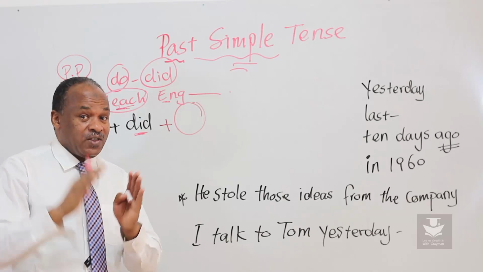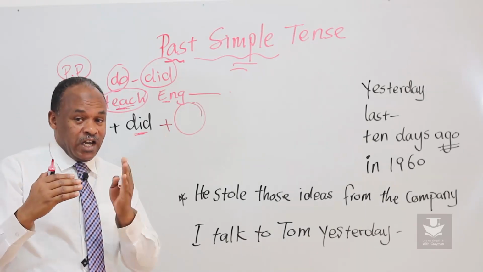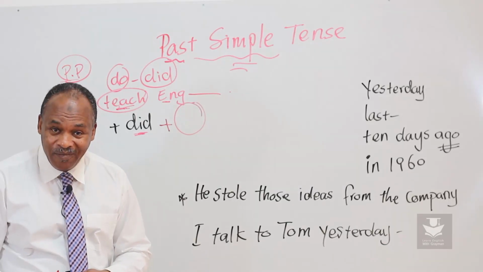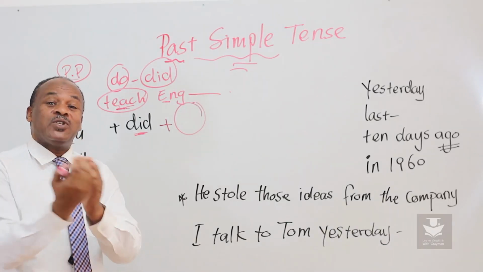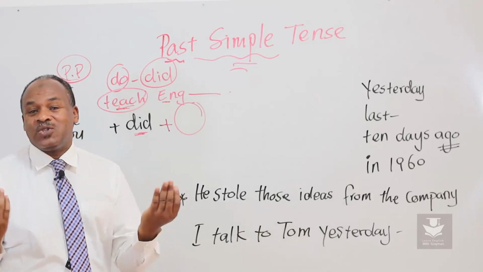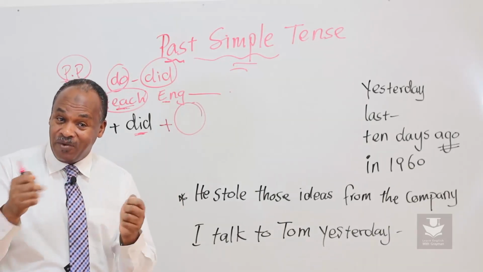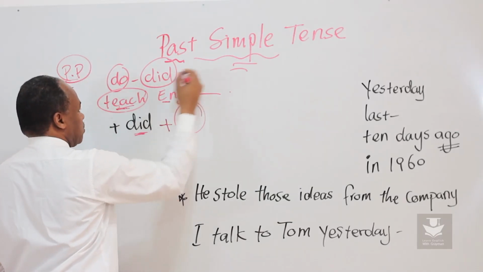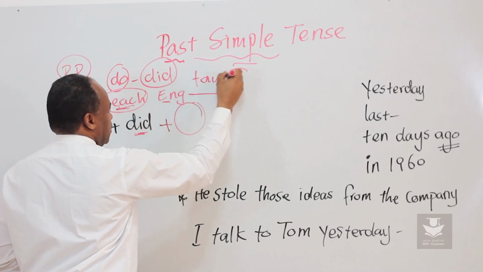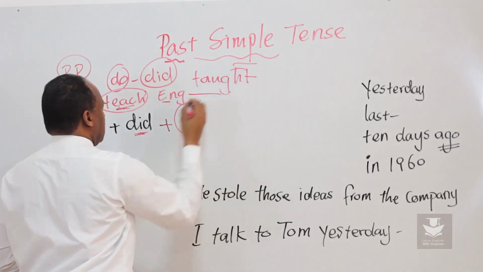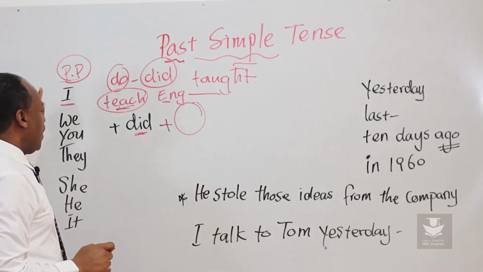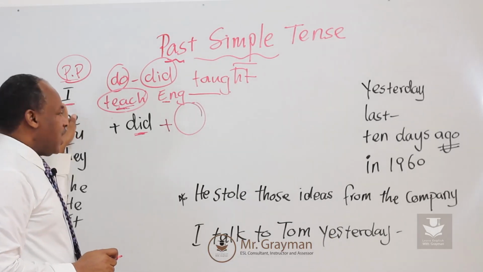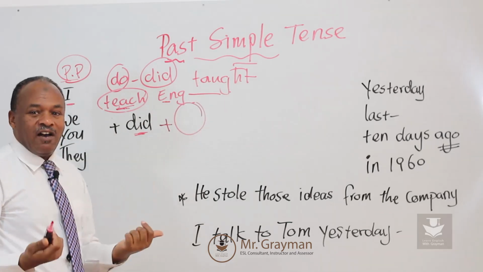We talked about the fact that regular verbs, you add ed, and that irregular verbs, you have to memorize them. Remember? If you don't memorize it, you can't get it, so you have to look it up in the dictionary. The past of teach is taught, T-A-U-G-H-T, taught. So I would say 10 years ago or 20 years ago, I taught English in China.